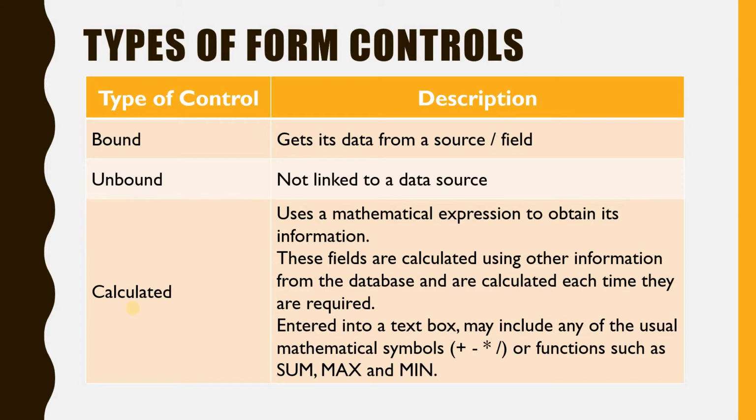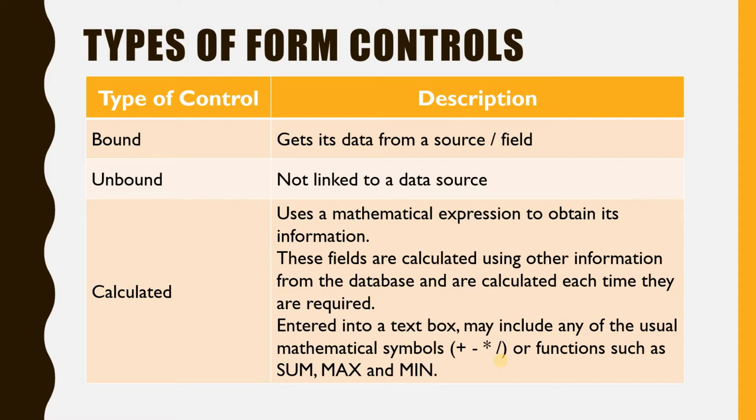The calculation is entered into a text box. The expression may include any of the usual mathematical symbols: plus for add, minus for subtract, star for multiply, and / for divide. And expressions such as average, sum, max, and min. When the form is viewed, the field will calculate the expression and will recalculate as the record changes.